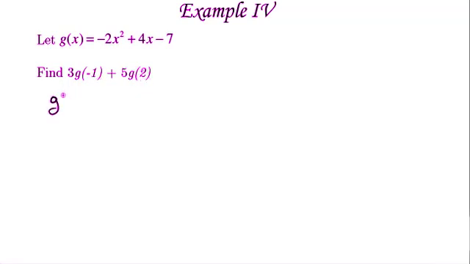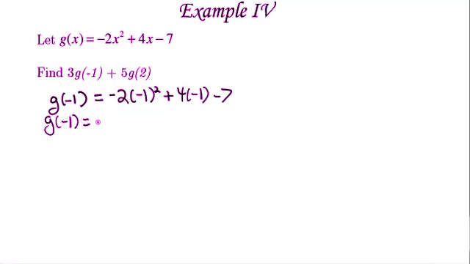So starting with g of negative 1. Looking back at my original equation, I'm going to substitute in a negative 1 wherever I see an x. So g of negative 1 equals minus 2, and then if I square negative 1, my result is going to be a 1, plus 4 times negative 1 minus 7.